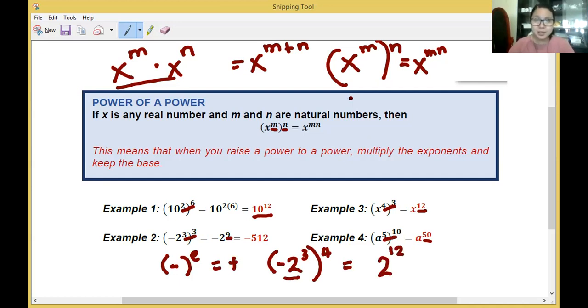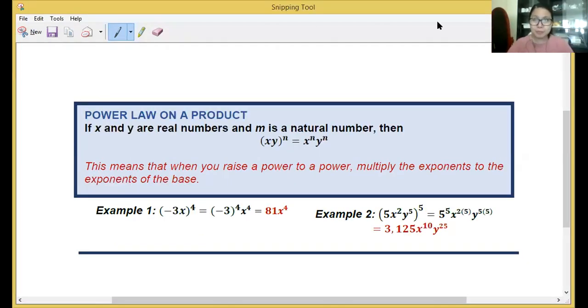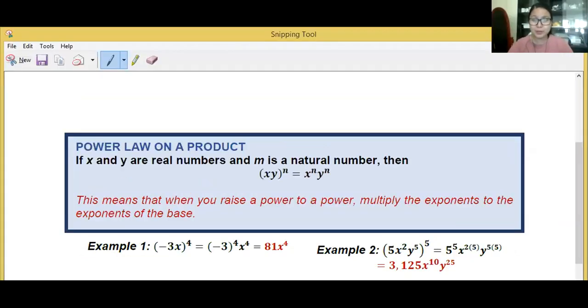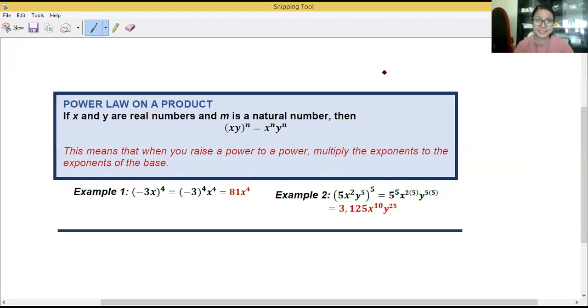Now, let's go to the fourth one. The fourth one is the power law on a product. The power law of a product is just the same as power of a power, but there is more than one base.